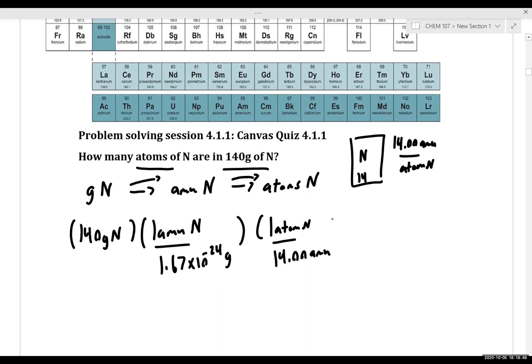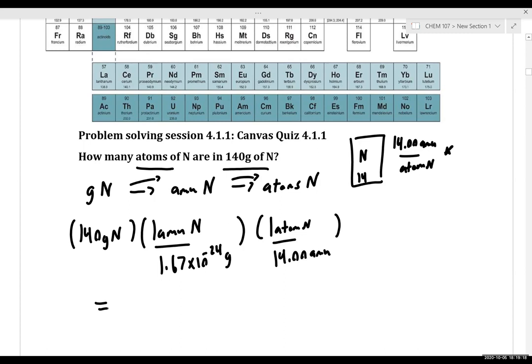I'm getting a little bit ahead of myself here. You'll see why in a moment, but there's a faster way to get through this problem that goes through moles rather than AMUs. So just to summarize, we went from grams of nitrogen to AMUs using our conversion factor, and then we can go from AMUs of nitrogen to atoms of nitrogen using our atomic mass.